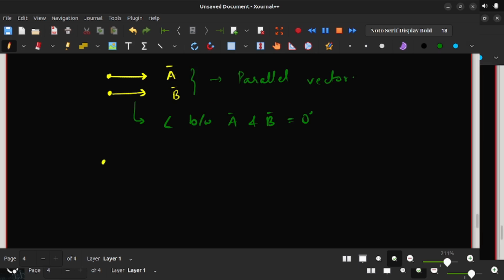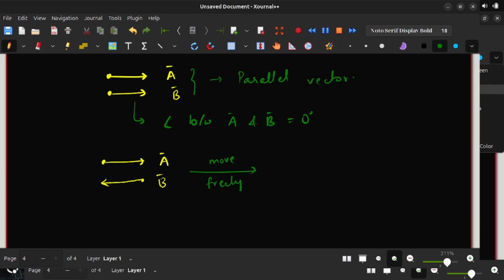But what about this thing now? Let's say I have a vector like this, A vector, and I have a vector like this, B vector. Now, if I want to move them freely and find the angle, then put them tail to tail. I can take this B vector and put the tail here.